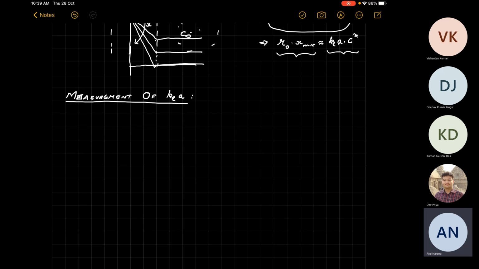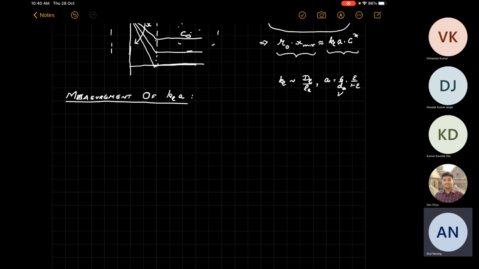We said that based on the film theory, KL is often described by the quantity DL divided by delta L, and then for a, we had a formula with a bubble diameter. I'm trying to remember now, I think it was 6 over dB multiplied by gas holdup divided by 1 minus gas holdup, and then I gave you a formula for dB, in terms of power per unit volume.